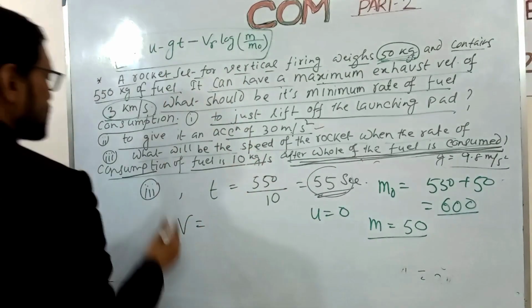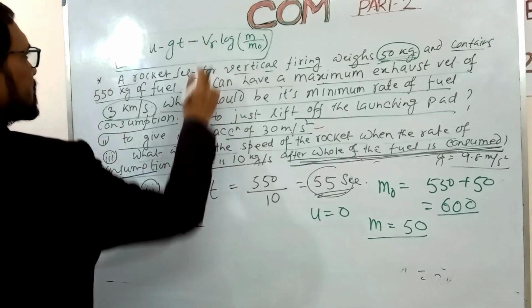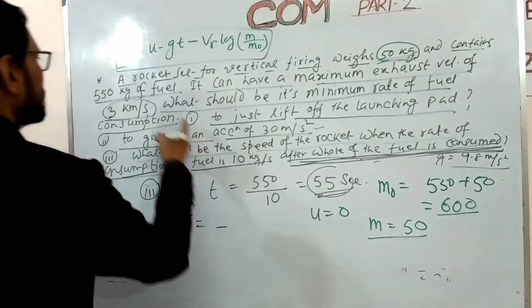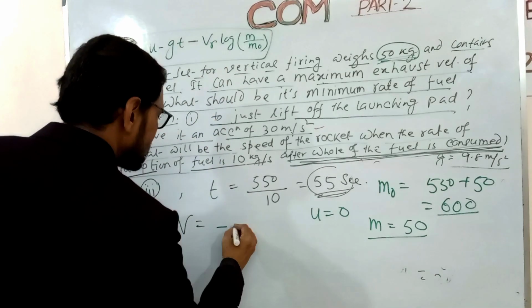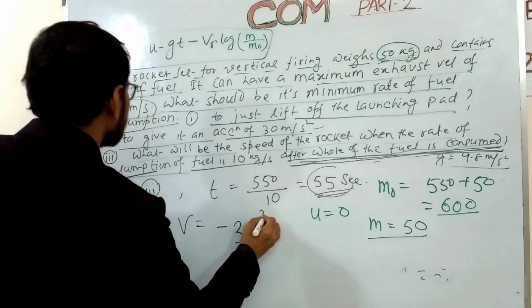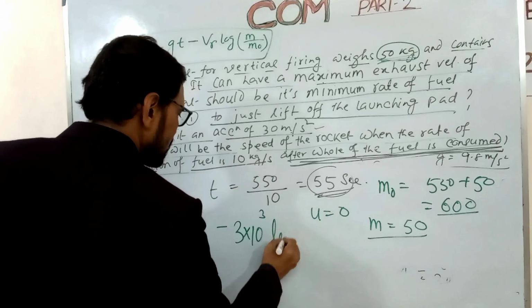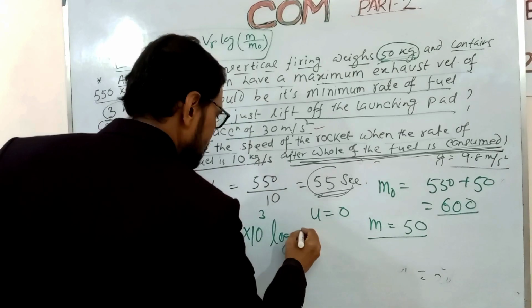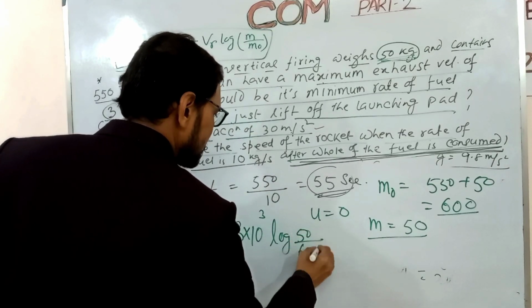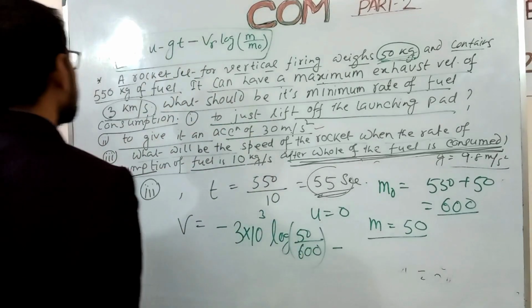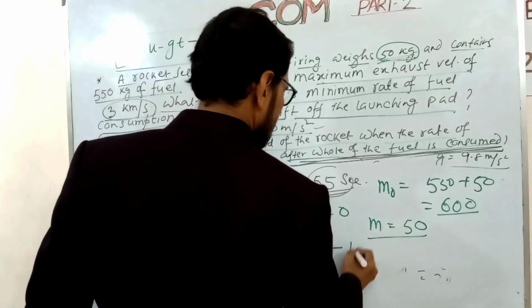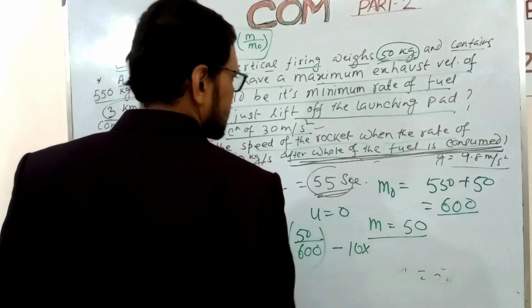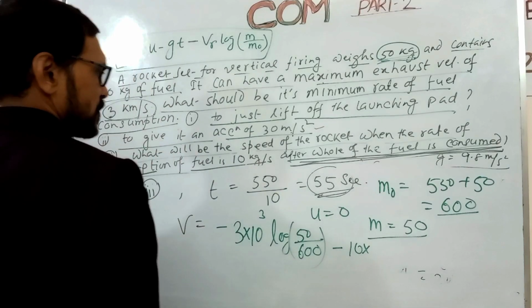Now put in the values: minus vr times log(m/m0), that is log(50/600), minus g times t, where g is 10 and t is 55.